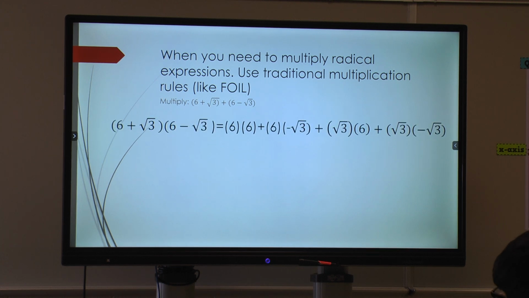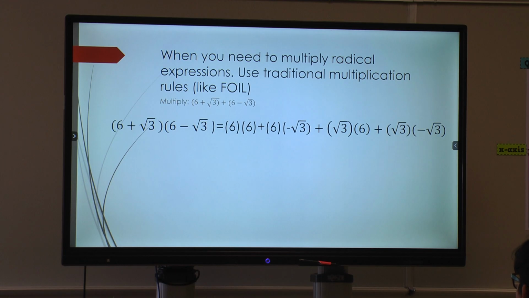I'm going to go ahead and distribute it all out. You see how I write it out long. Look how long it comes out to be. 6 times 6 plus 6 times negative radical 3 plus radical 3 times 6 plus radical 3 times negative radical 3.